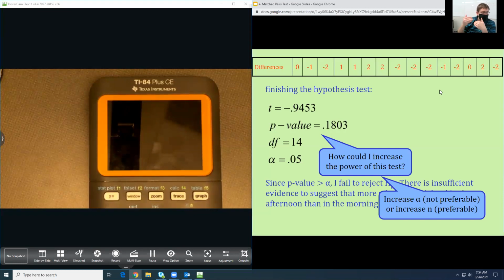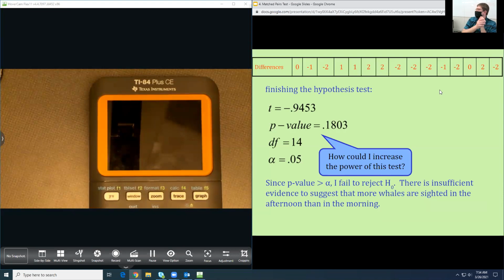And that may or may not cause us to properly identify this if we were worried about making the wrong decision. But Cole said the best one, just increase that sample size. If you can go and do another 15 days, then you're even better at identifying when the whales do their job. All right, any questions? Hopefully that wasn't too scary.